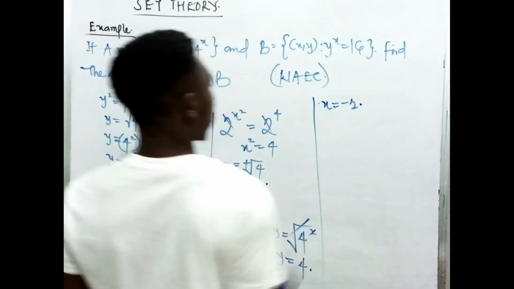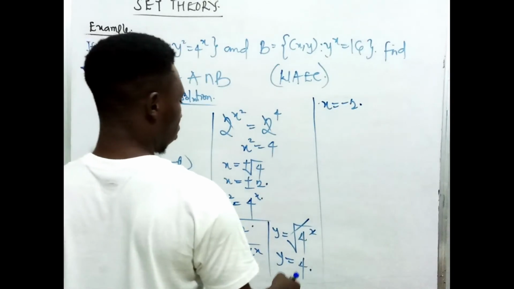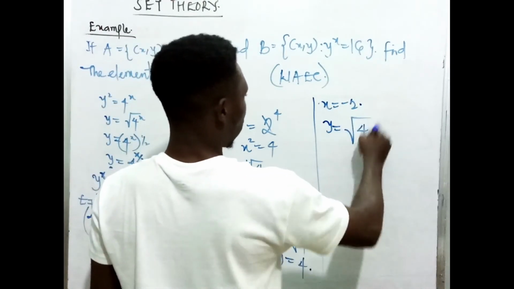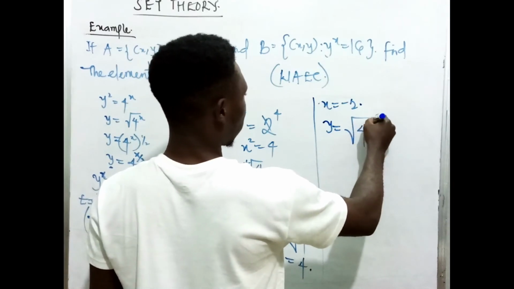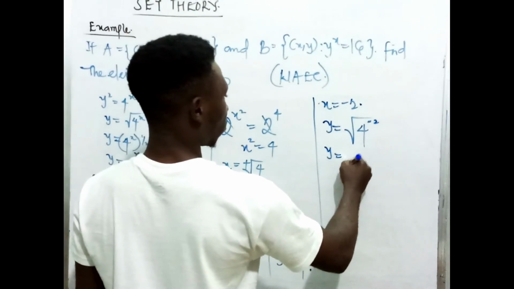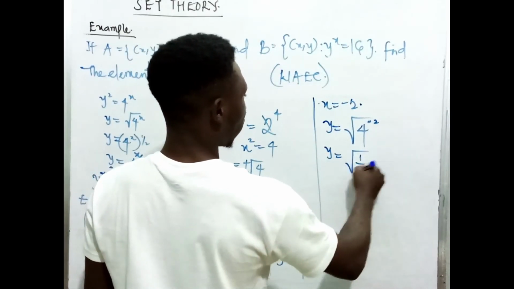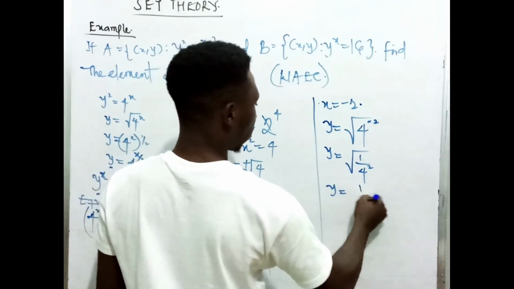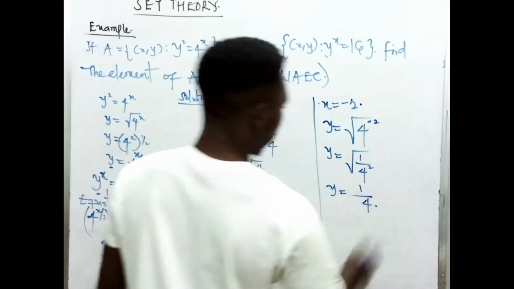So let's go. When x is equal to minus 2, y is equal to square root of 4 raised to power minus 2. So this becomes y is equal to square root of 1 over 4 raised to power 2. So y here is equal to square root of 1 over 4.